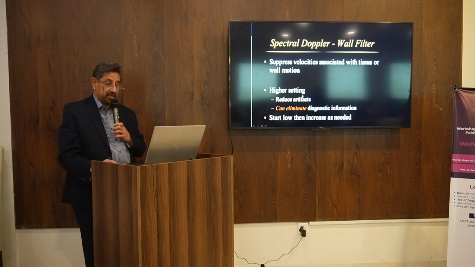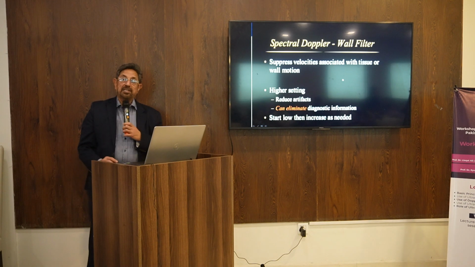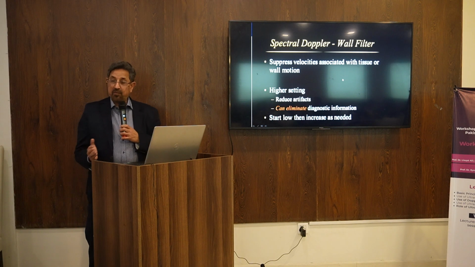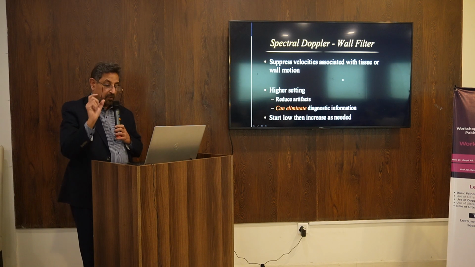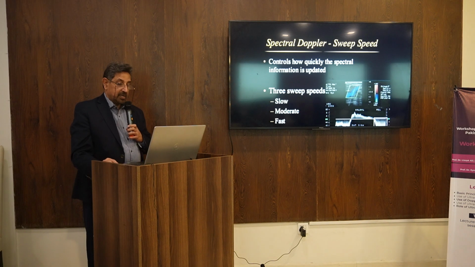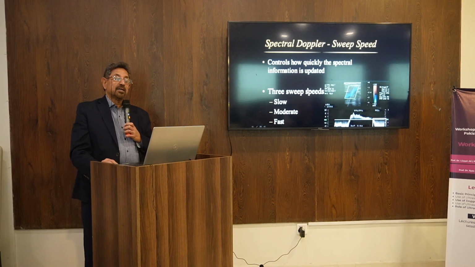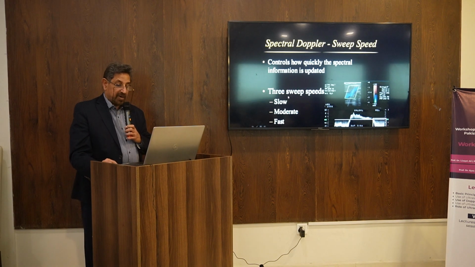Wall filters. If you set your wall filters very high for a low flow, you will lose all the information. For very high flow, you keep your wall filter at a higher level. Then sweep speed. If it's fast moving blood and a fast moving spectrum, the sweep speed should be high.